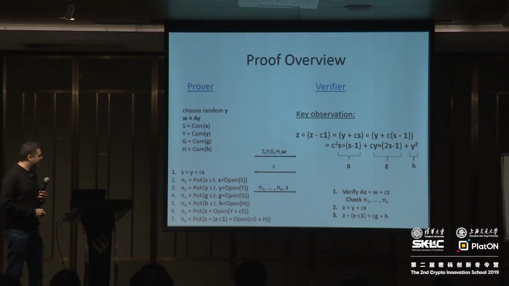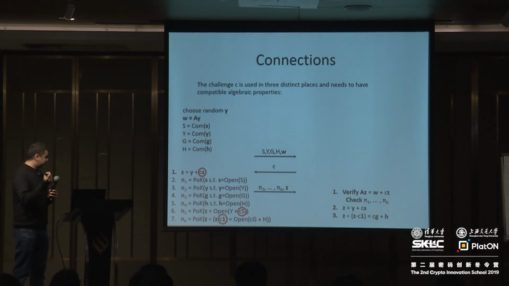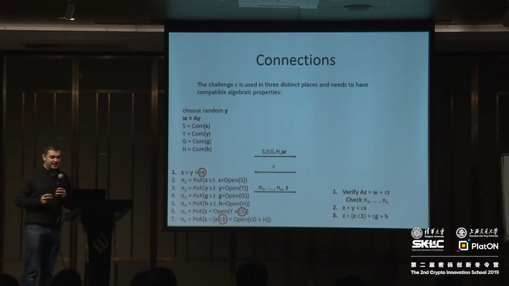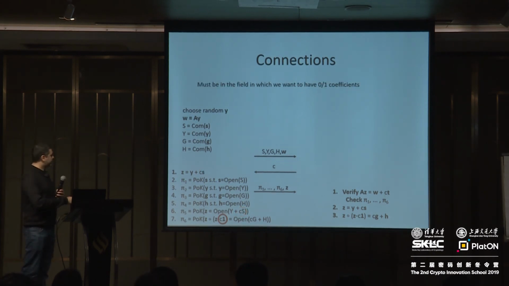Now, some observations. This challenge c that we used is used in 3 distinct places and needs to have algebraic properties that are consistent with all 3 places. First it's used here, then it's also used here.